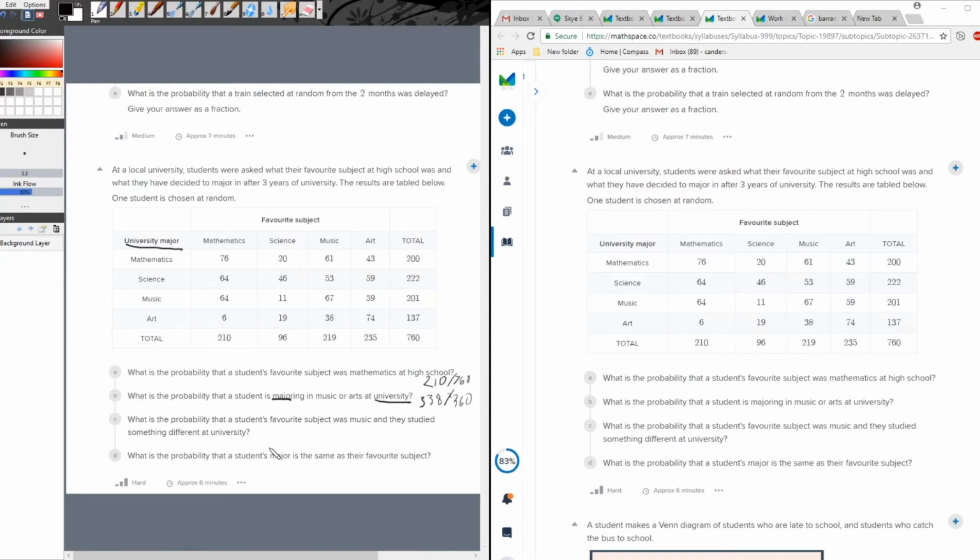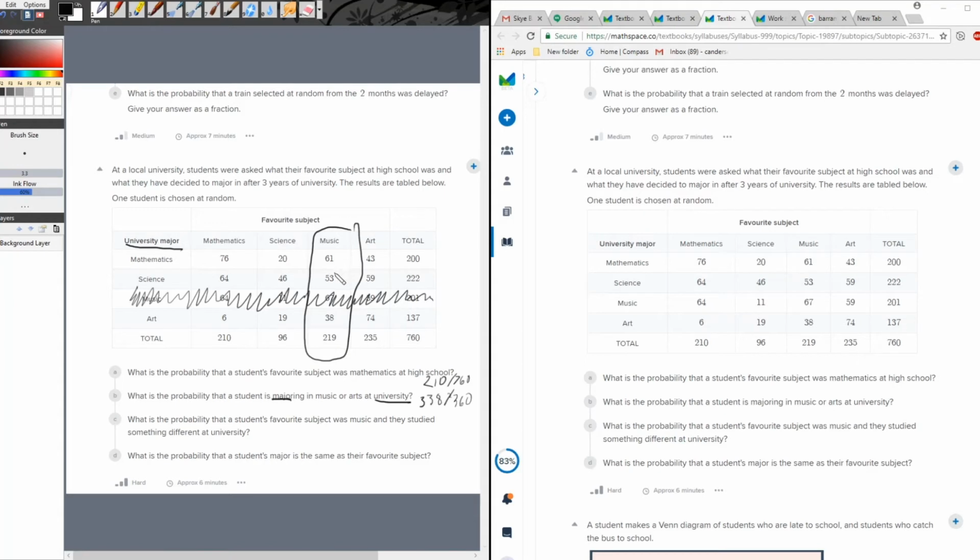So what is the probability that a student's favorite subject was music and they studied something different? So we want music in this one because we want their favorite subject to be music, and they studied something different at university. So that means they studied not music. So that means we don't want the music section.